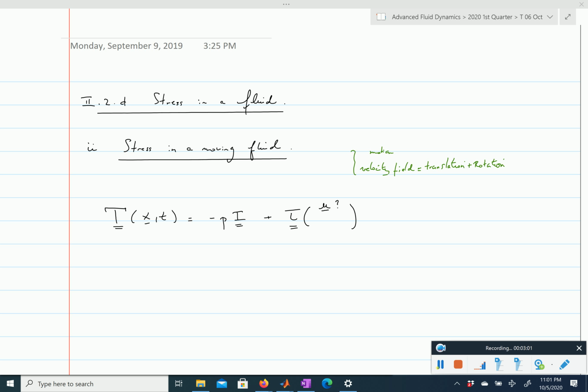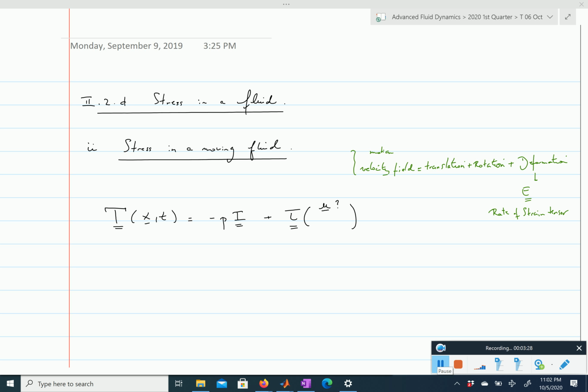Translation and rotation is what you would have if you had a non-deformable solid. But of course, the velocity field represents the motion of the continuum. So we have translation plus rotation. We also have deformation. And the deformation in the velocity field is represented by the rate of strain tensor.